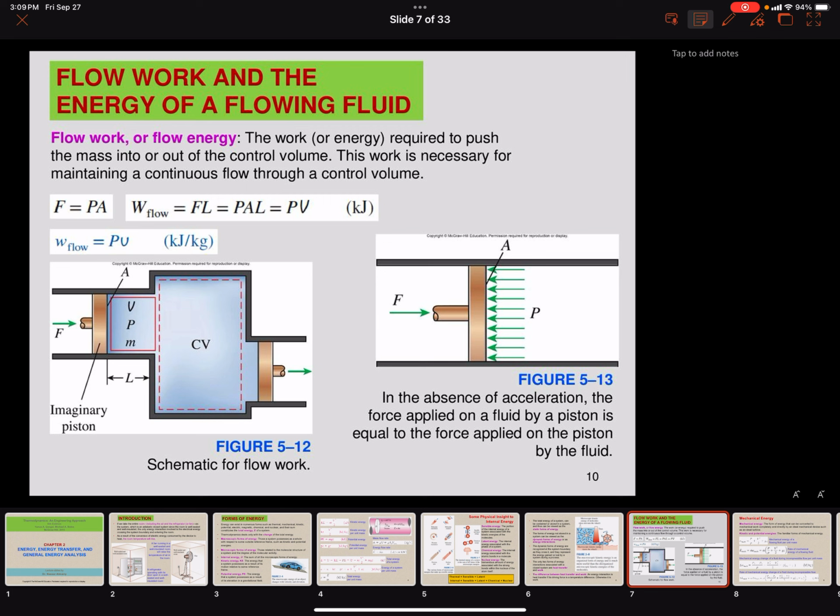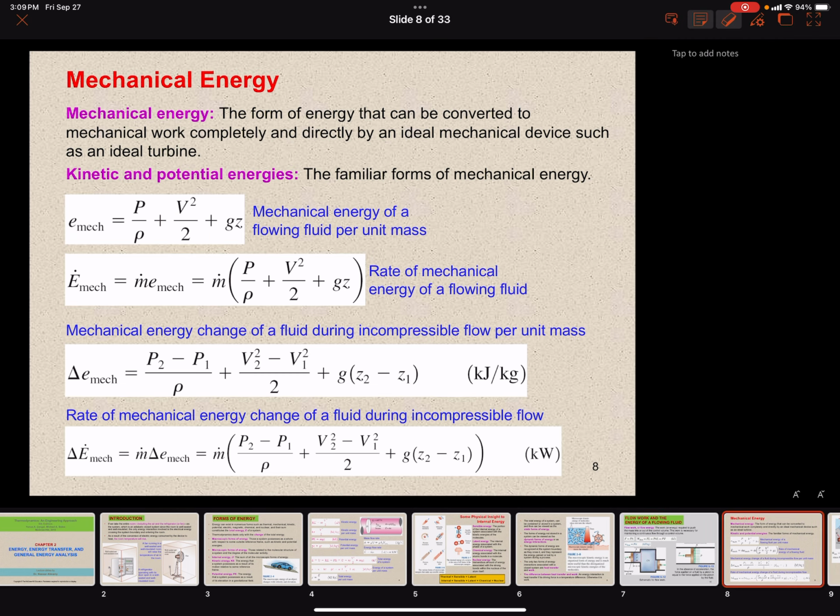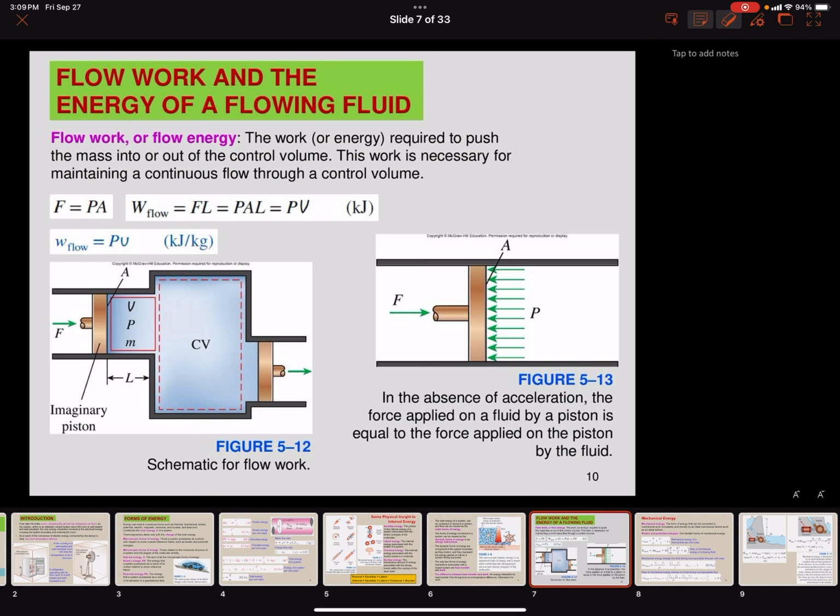If you remember, one of the students asked me, "What is PV?" It appeared in the internal energy exercise when we solved it, and the student asked where we got this from.